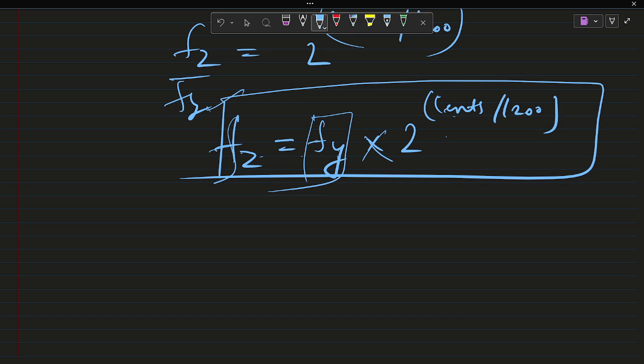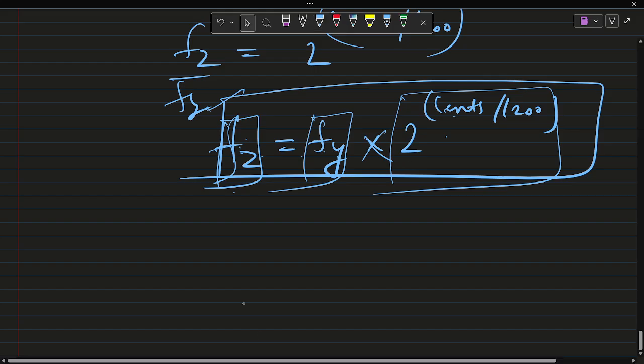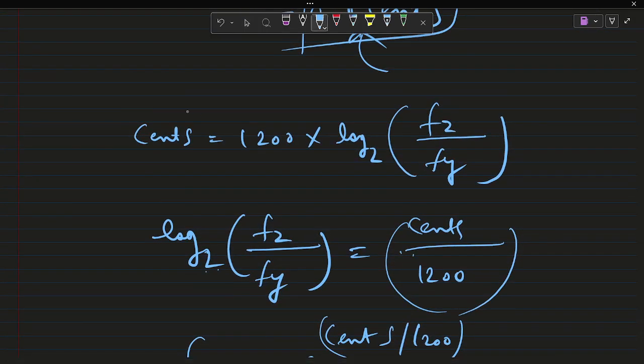And if you are at fz and want to reach fy, you need to divide by this. So we are getting this formula from this equation.